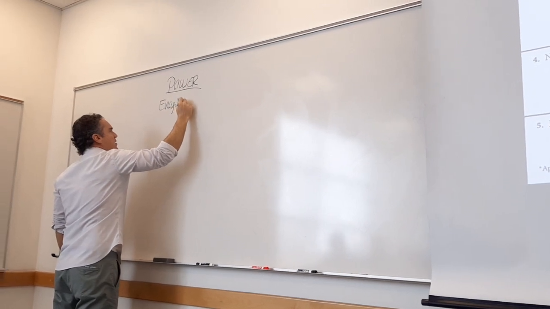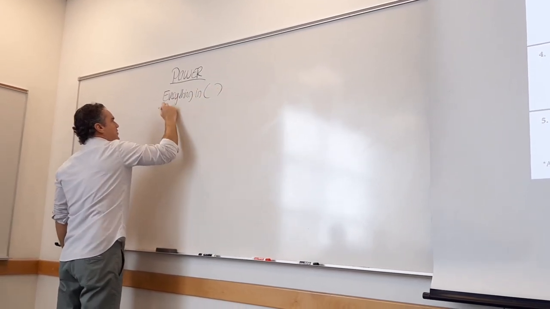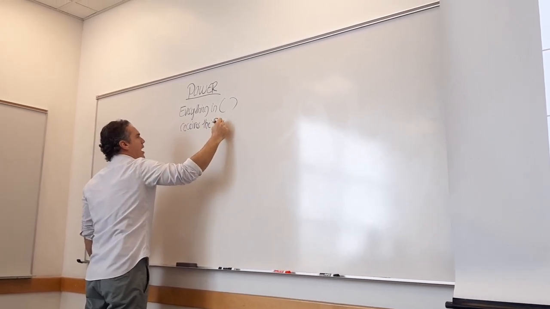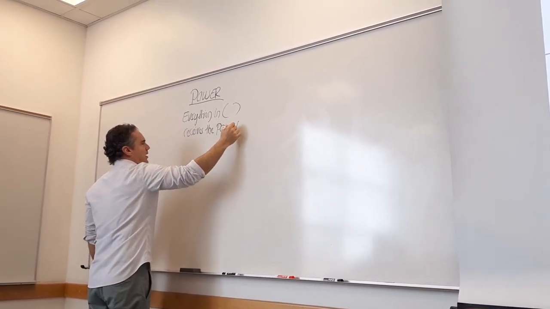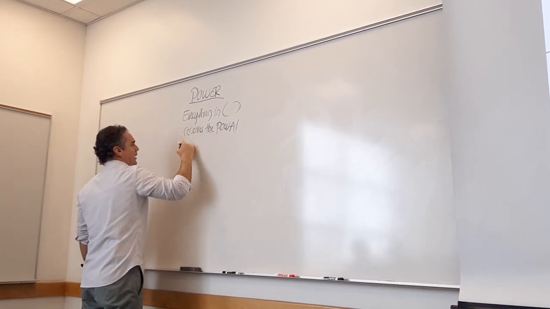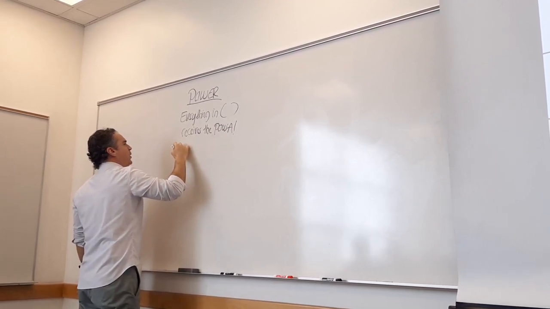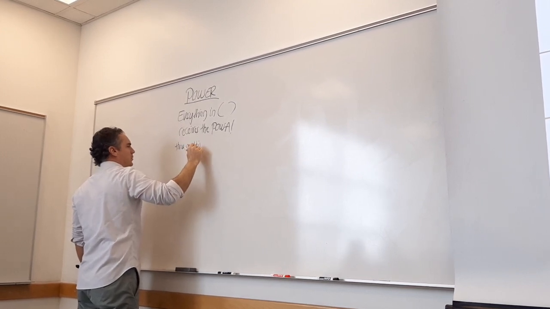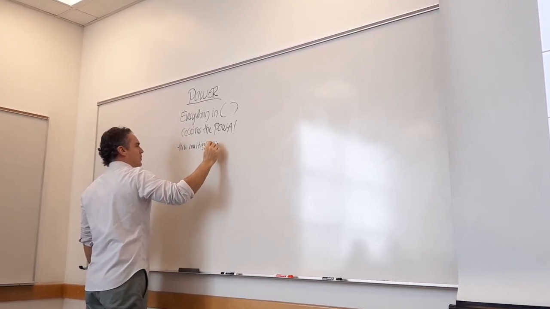Okay? And the power rule, underneath that, you want to say everything in the parentheses receives the power. And I think if you spell it that way, it's more powerful. Okay? And not only that, but how's it going to receive it? Through multiplication. All right?